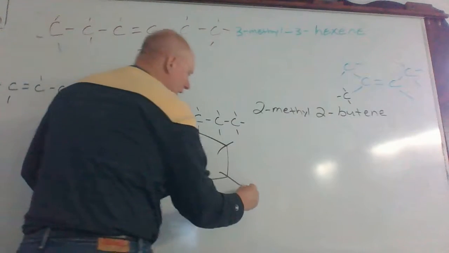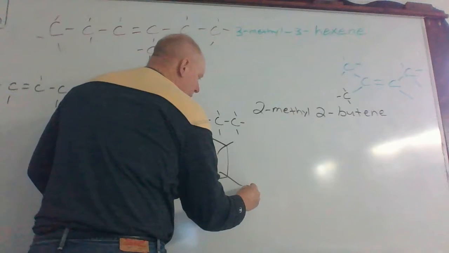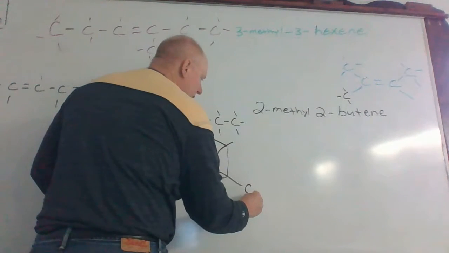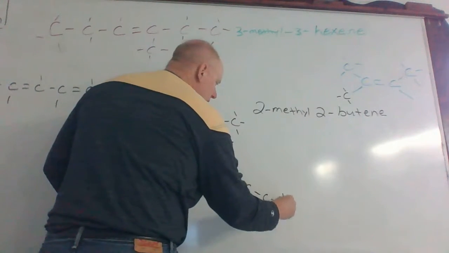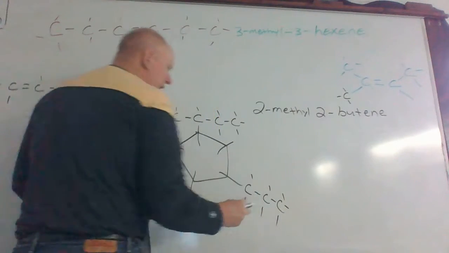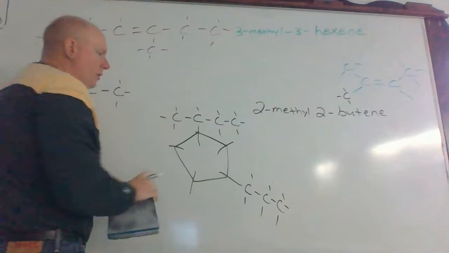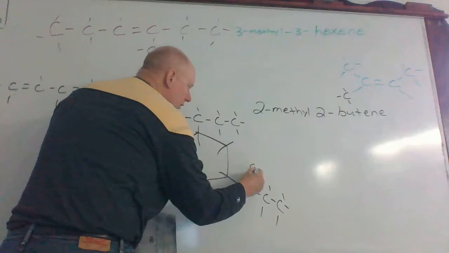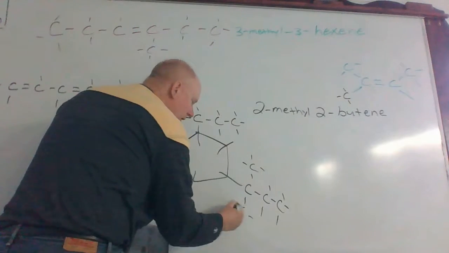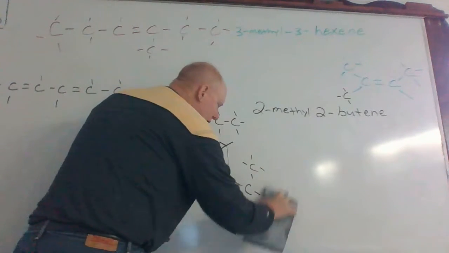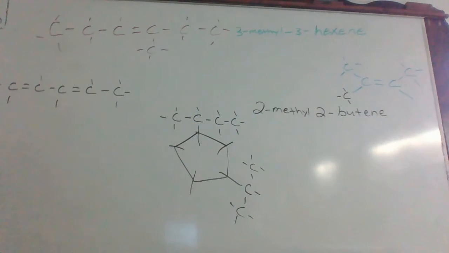Okay, and if we had a propyl group, that's just 3 carbons, or C3H7, but if we attach it in this manner, then we've got an isopropyl group.